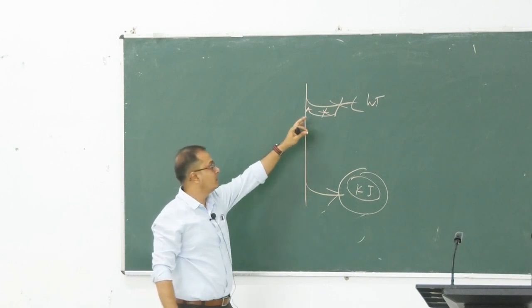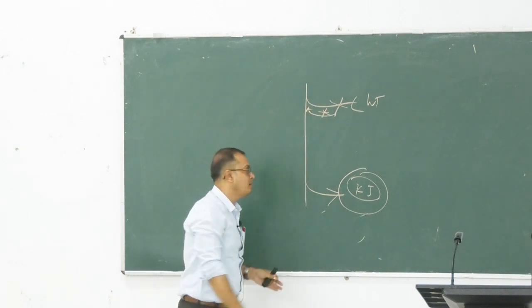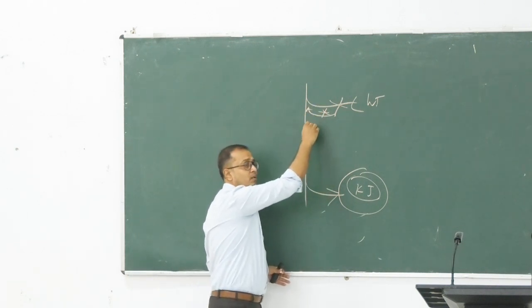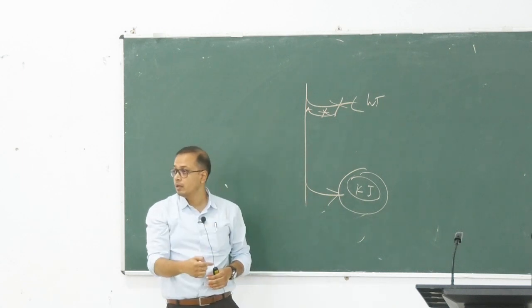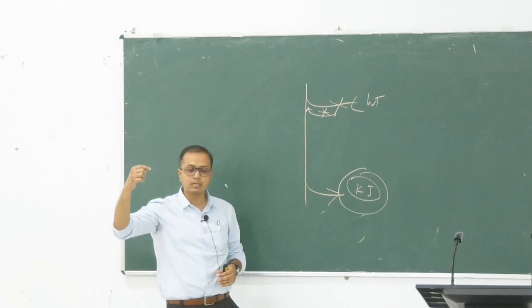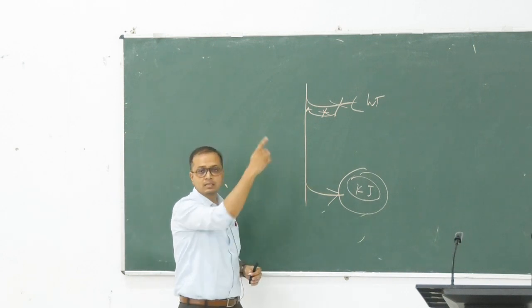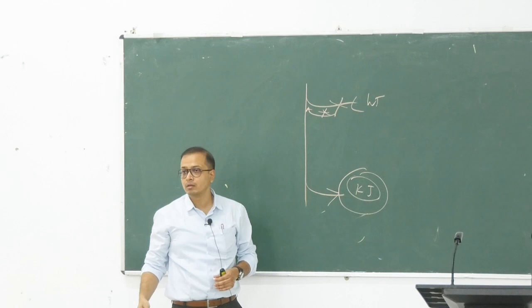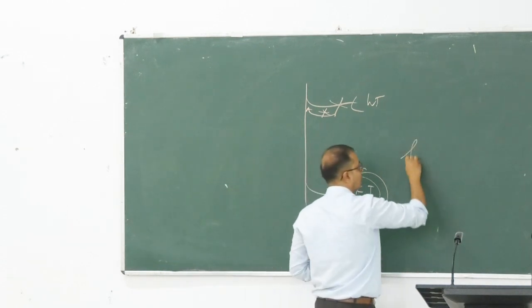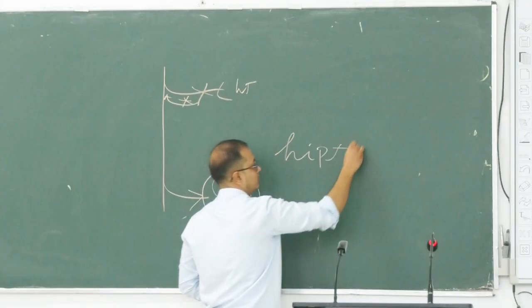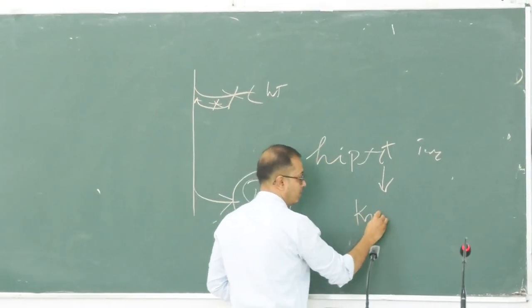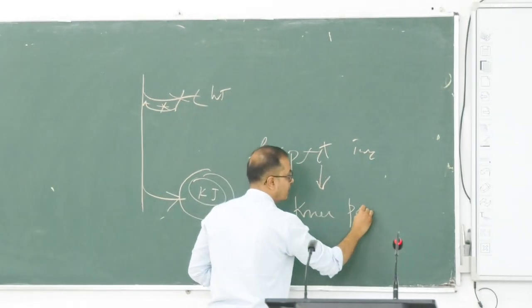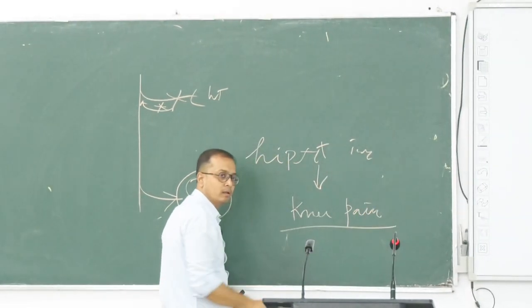The brain cannot simply tell whether it is the hip joint only or the knee joint as well, so it interprets that both the knee joint and the hip joint are in trouble. So in case of hip joint injuries, we may have knee pain as well.